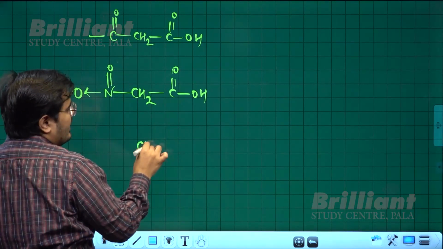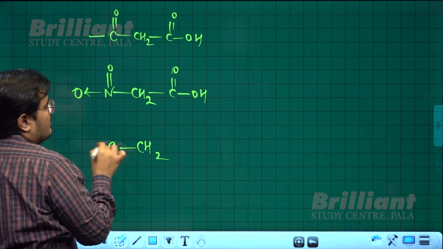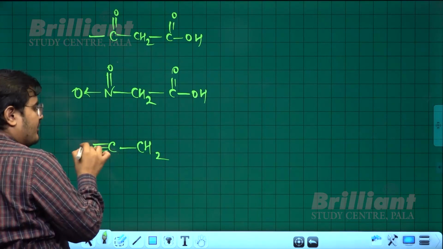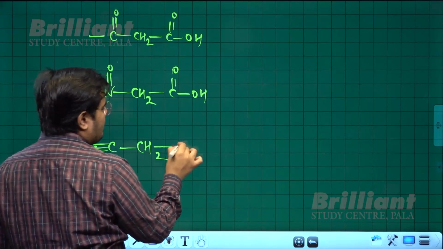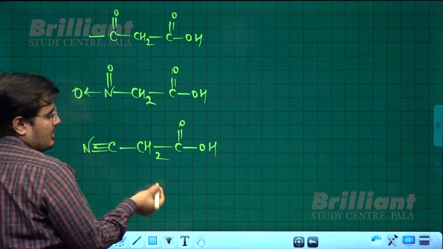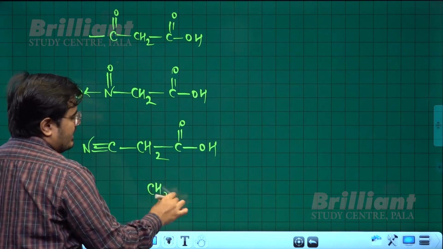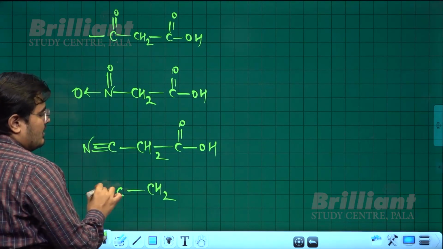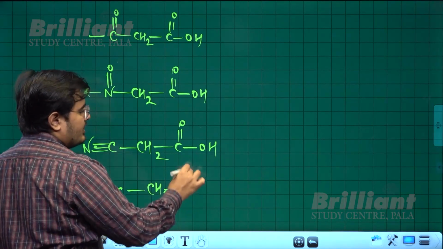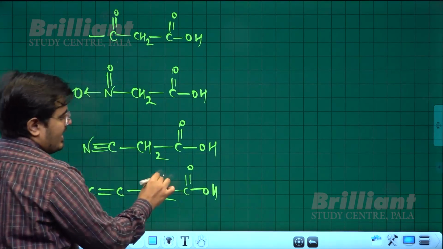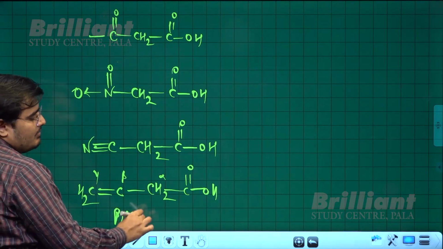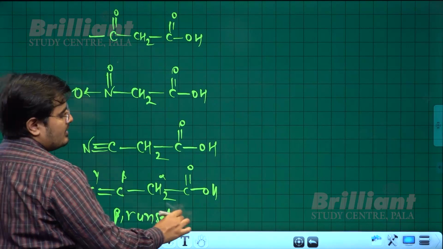If you have an alpha cyano group, in that case also it will decarboxylate easily. If you have CH2=CH-CH2-COOH, this is alpha, beta, gamma, so this is a beta, gamma unsaturated carboxylic acid.